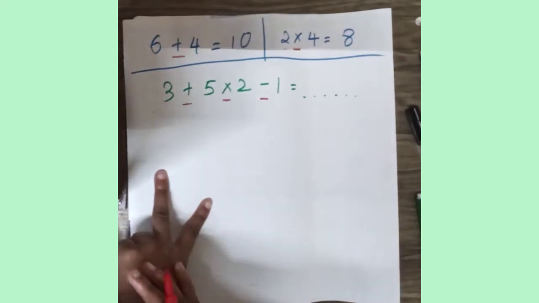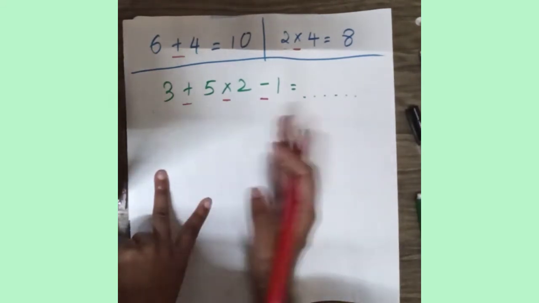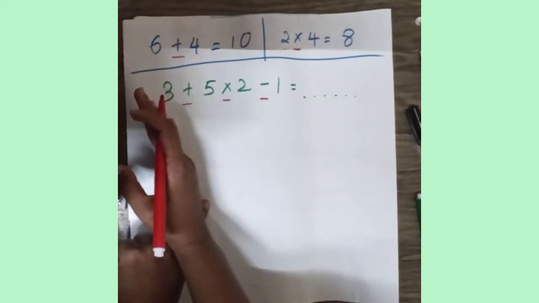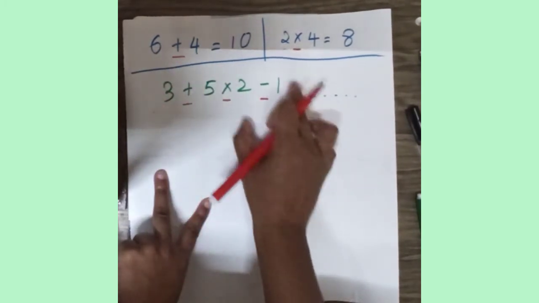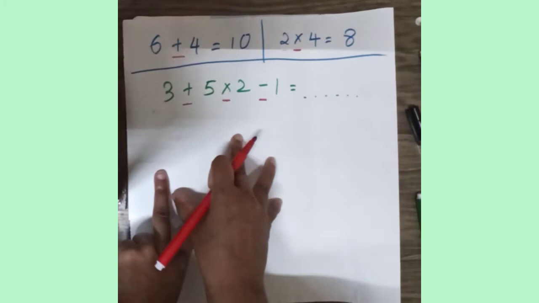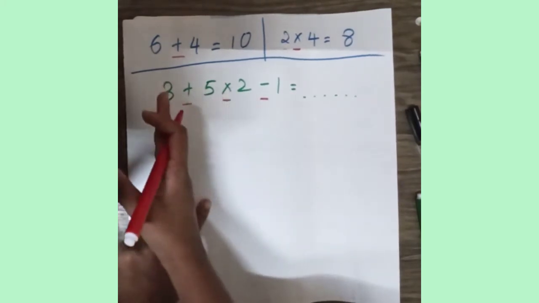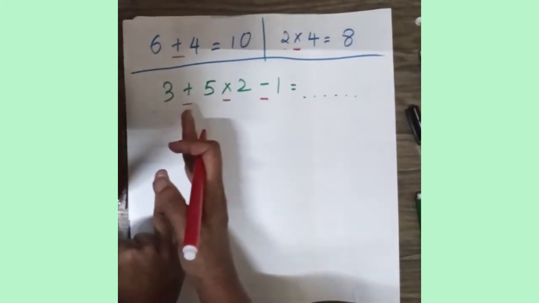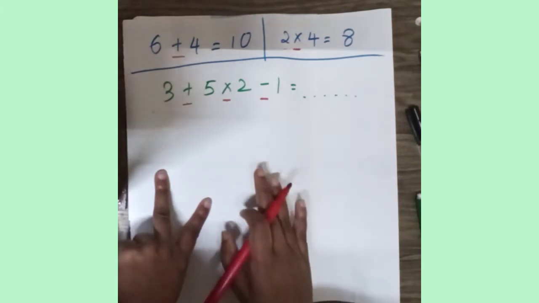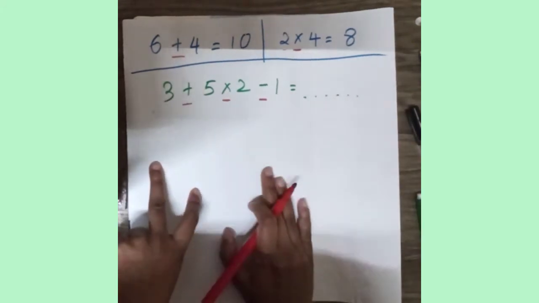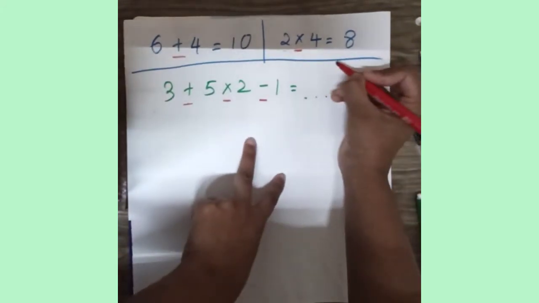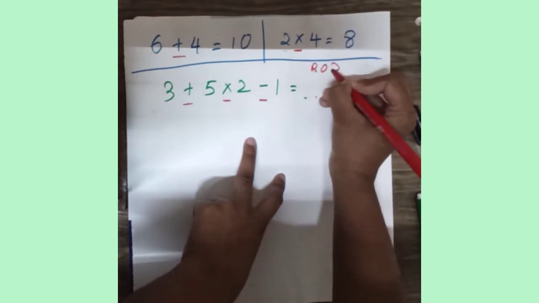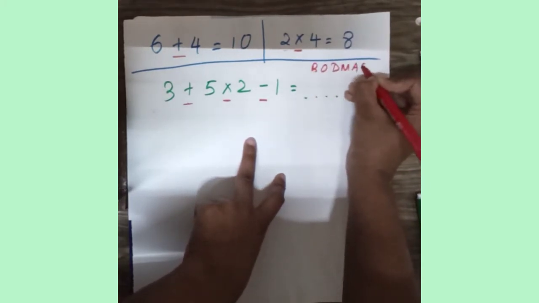From our small ages, we have learned to solve something from the left to the right. But in this expression, we can't do so. That means we can't start from the extreme left and go towards right, because I told you about the Bodmas rule. So, let me write it like this. Okay, Bodmas.